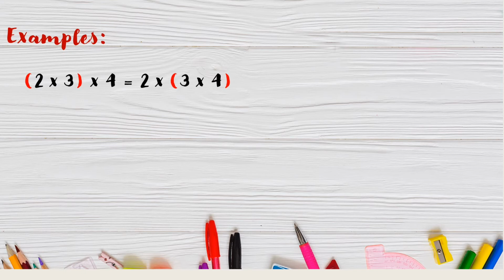So again, remember, if we have operations inside parentheses, you have to do this first. So we have parentheses of 2 times 3, that is 6 times 4. 6 times 4 is equal to 24. On the other side, we have 3 times 4, that is inside the parentheses, we have 12 times 2. 2 times 12 is equal to 24 also.